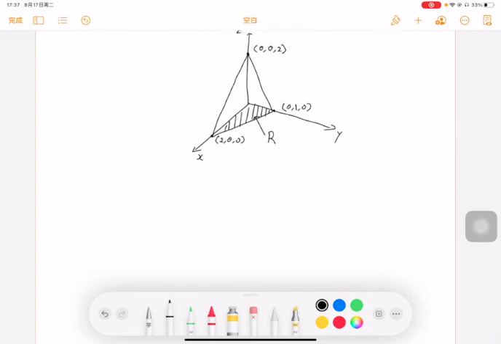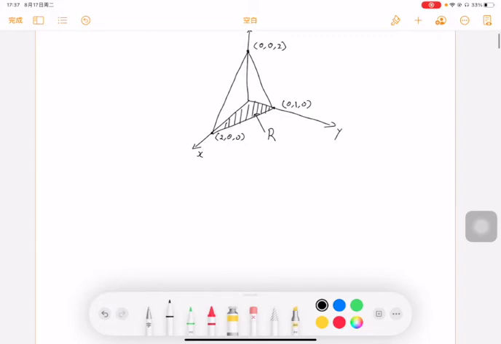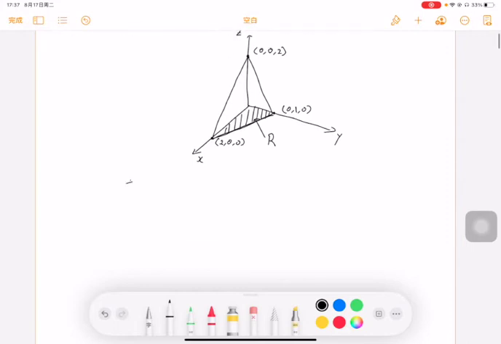To compute the integral over the region R, we need to find the boundaries for this region R. This is simple to do because this straight line is exactly the trace of the plane on the xy plane. Let's write that down.